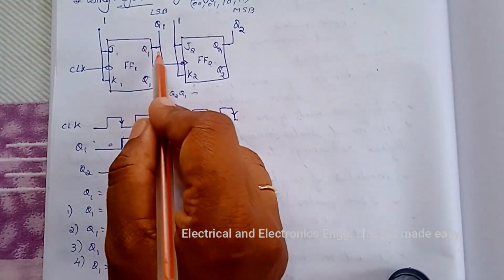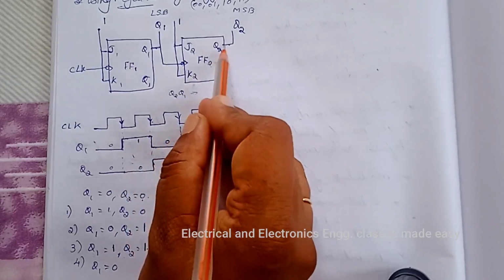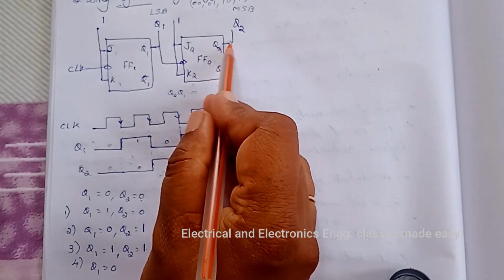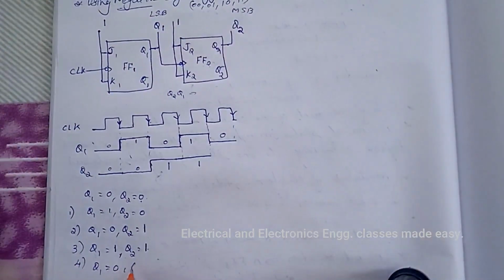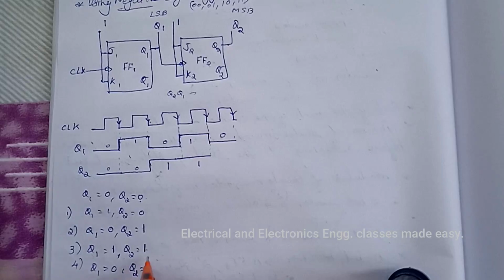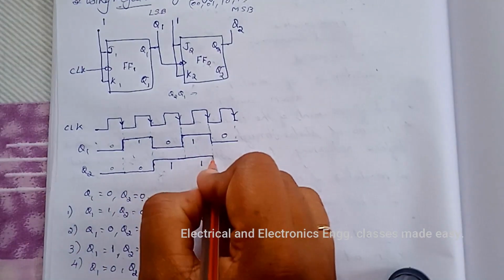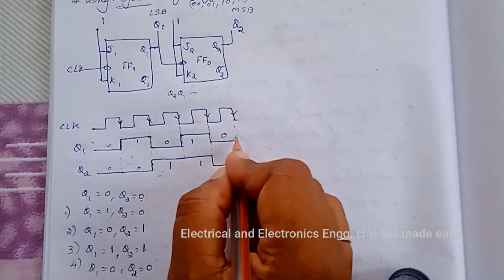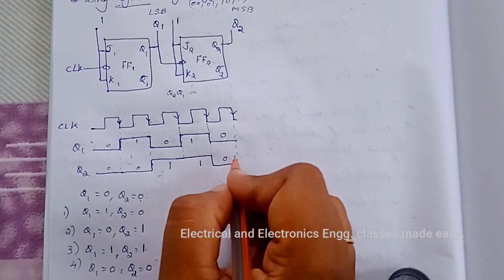And this 0 is applied to the clock input of the next flip-flop. So this flip-flop again toggles, that is Q2 changes. Q2 is 1 in the previous case, so it will become 0. That is Q2 changes to 0 up to the next negative going edge of the clock pulse.